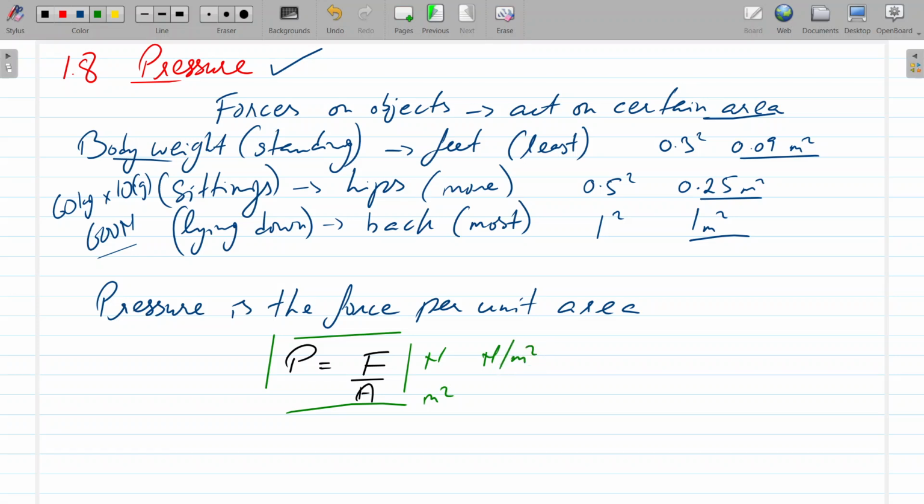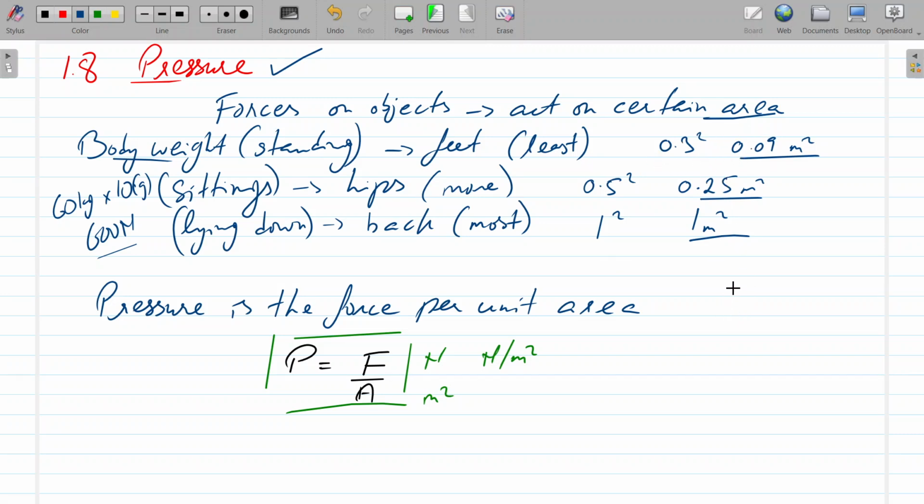Okay, now how is this relevant? Well, again taking this example, what's your pressure in this case?